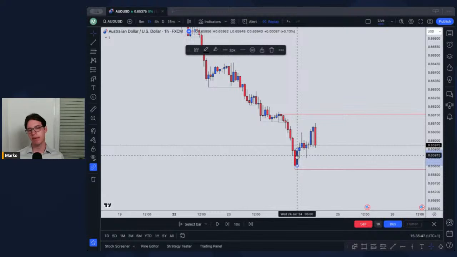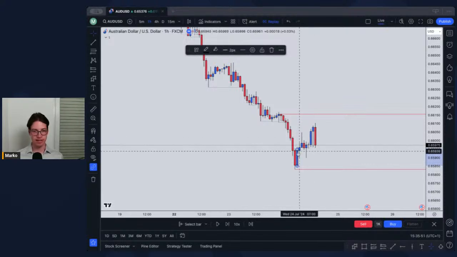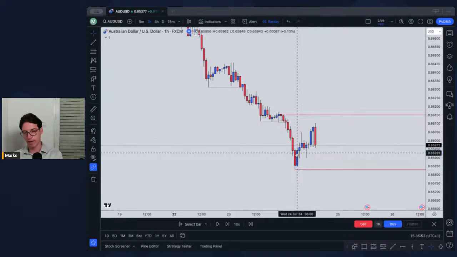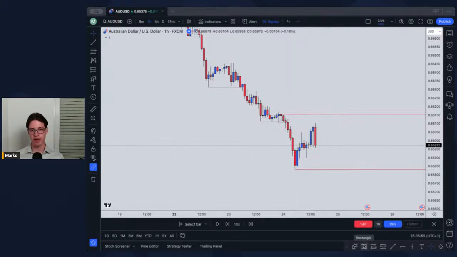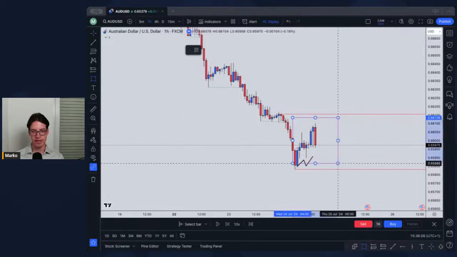And it is a pair characteristic of the Aussie and US dollar that the big flags like this, and this is definitely a big flag, do not work out as well as the smaller flags. So the smaller ones like this have a very, very big profit expectancy. But the bigger ones like this are not as good. So I tend to avoid them.